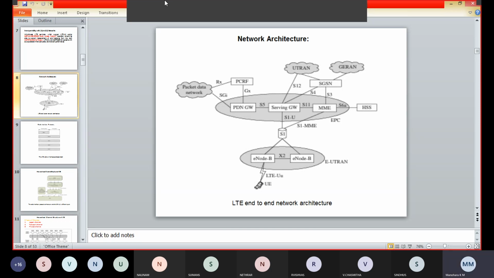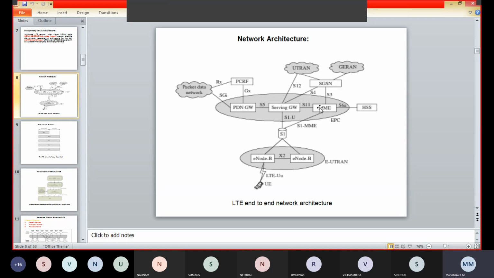Next we have the S1 interface. The S1 interface is the interface that separates the E-UTRAN and the EPC. It is split into two parts.